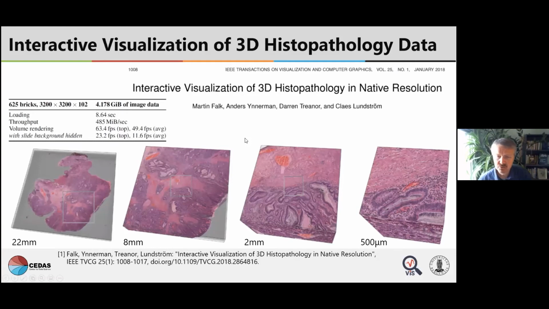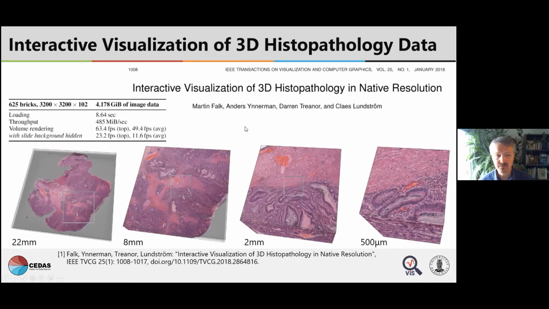Here I show you work from CMIV and others in Sweden, Linköping, Norrköping. Claes Lundström, who will also give a presentation at this spring school later, Anders Ynnerman and others, have pioneered early work in how to visualize large-scale pathology imaging data.